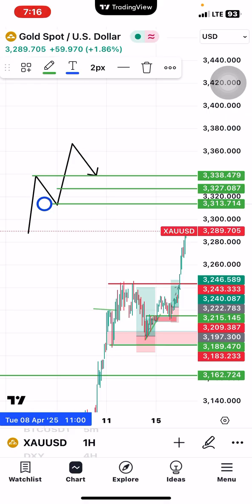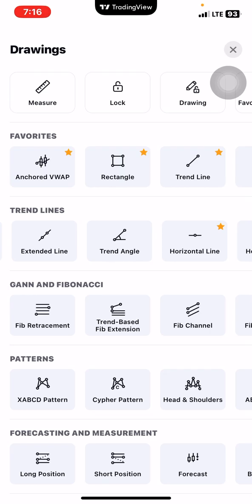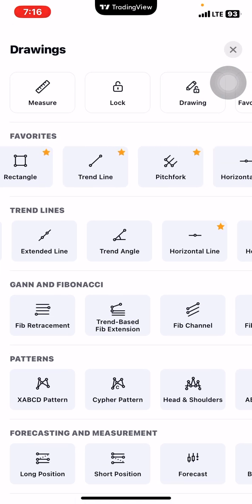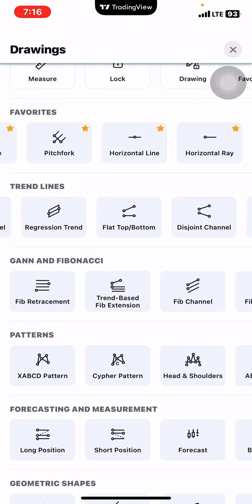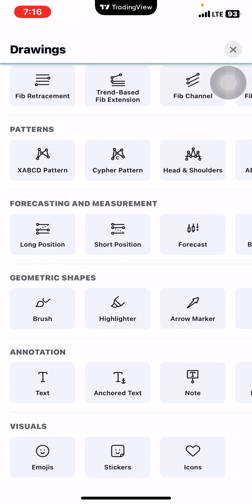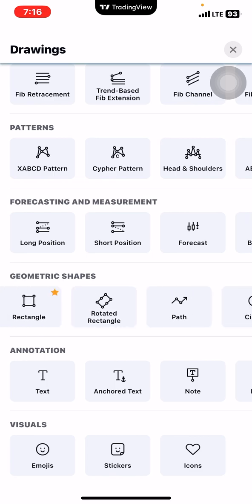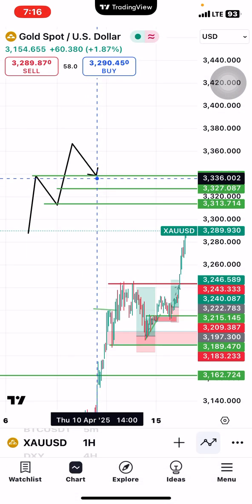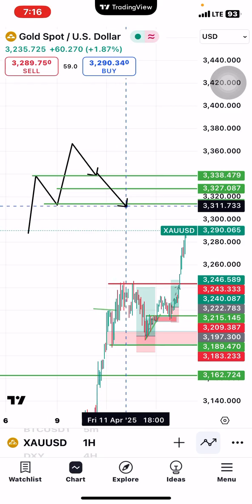But if price broke out from that level, right? If price breaks out from that level, then if price broke out from this level, you know that price is about to change direction, right?